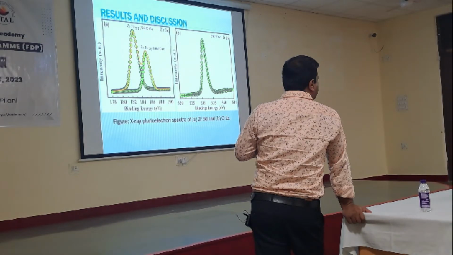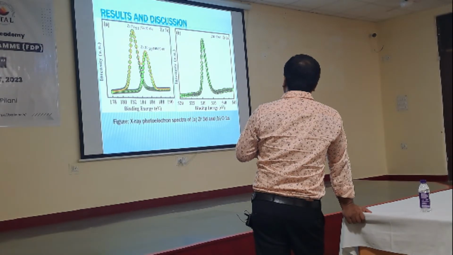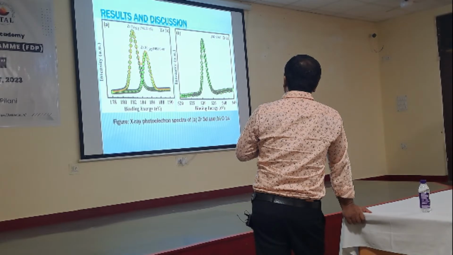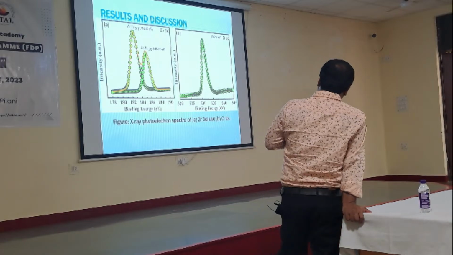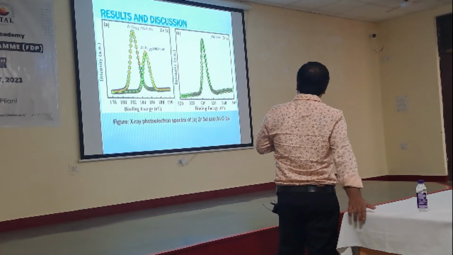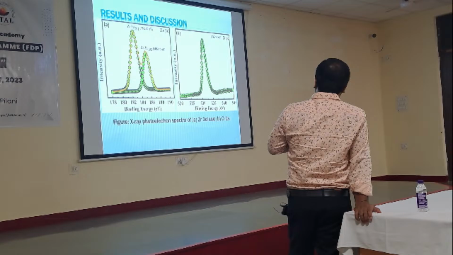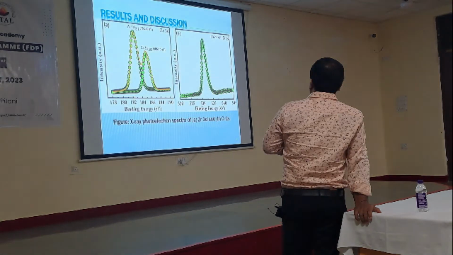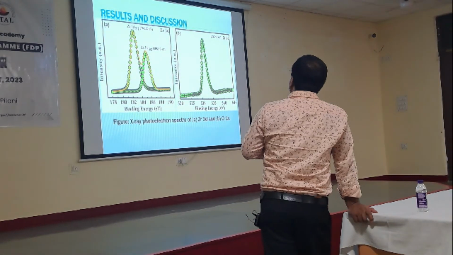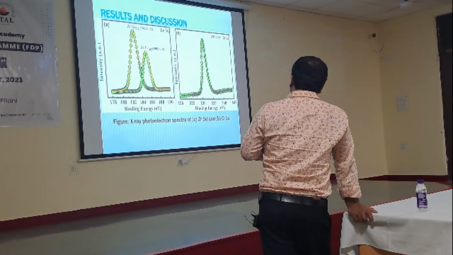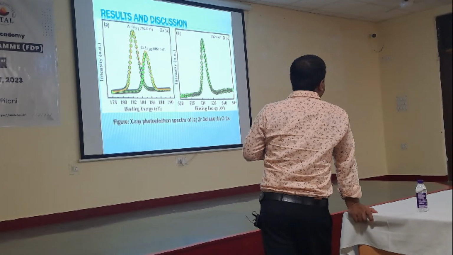So here you can confirm the material is zirconia. And the oxygen 1s orbital, you see this peak is very sharp, and 530.1 electron volt is responsible for the oxygen 1s orbital. So with these two in combination, you can ensure that your material is ZrO2.